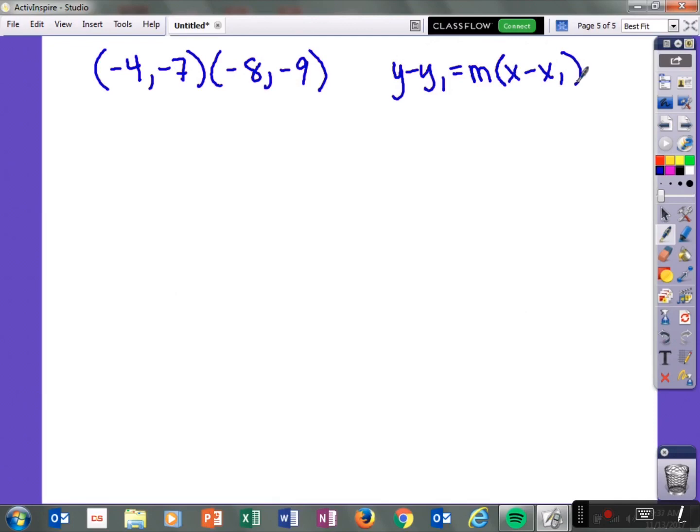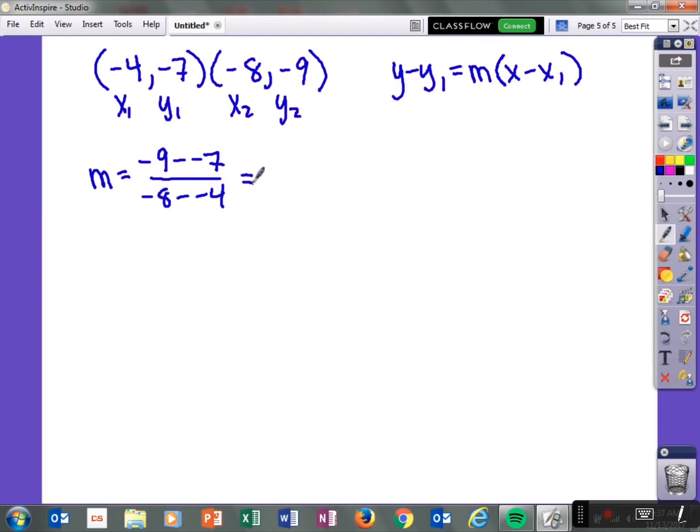What are you going to find first? The m. Remember, we go ahead and label x1, y1. The slope is 9 minus negative 7 over the x's.